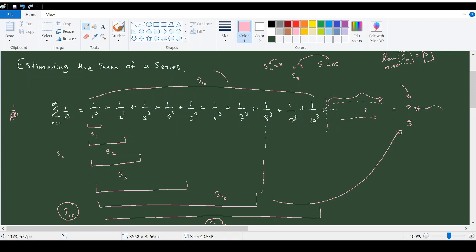That's basically the value associated with S minus S10.